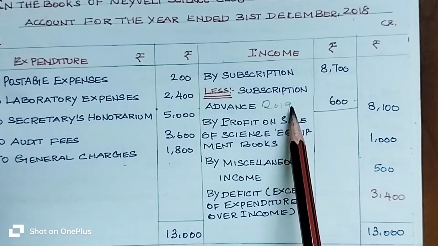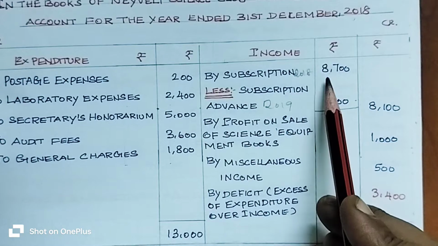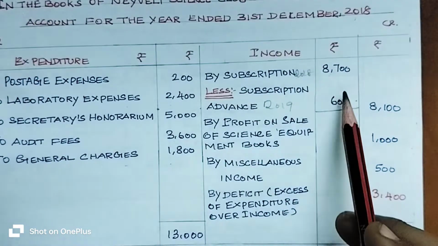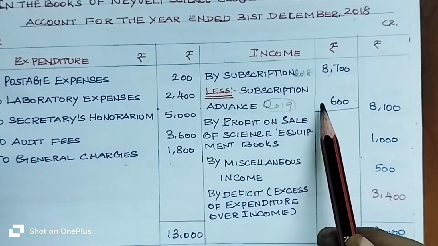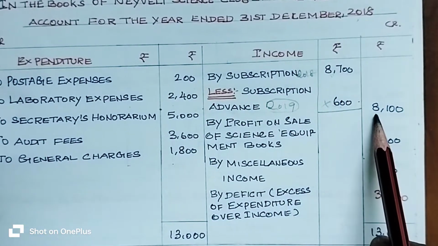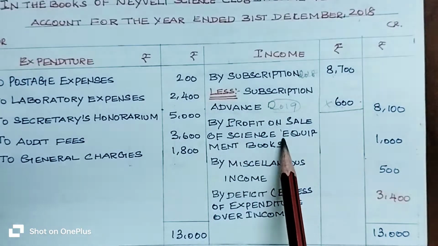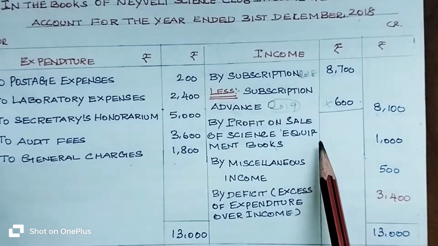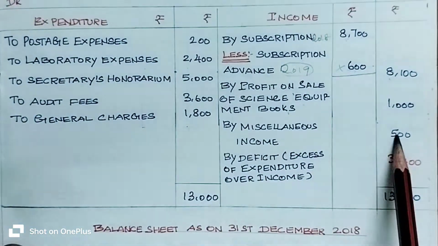We are preparing for the 2018 current year, so we need not consider the future subscription. We subtract the 600 from 8,700 and you will get 8,100 rupees. Then profit on sale of science equipment, the difference, is 1,000 rupees, and miscellaneous income 500 rupees.